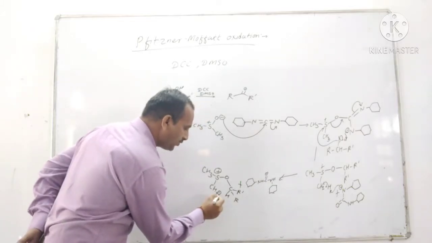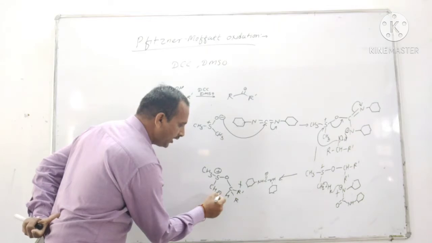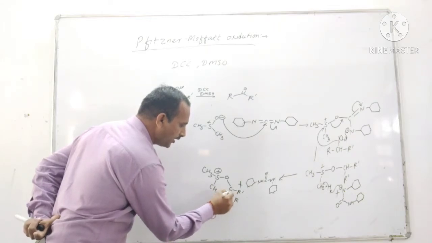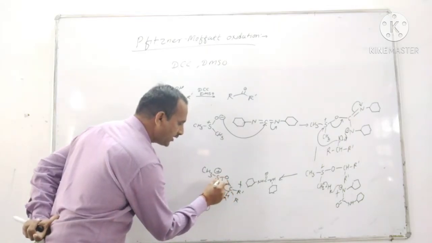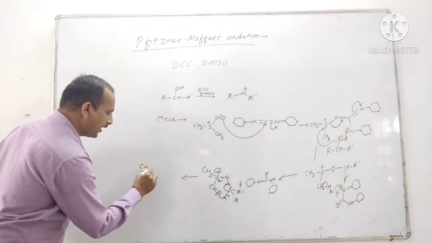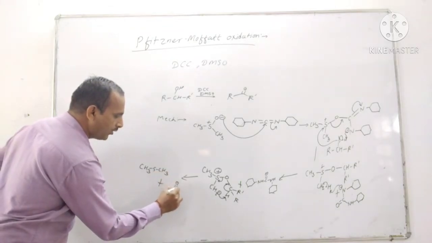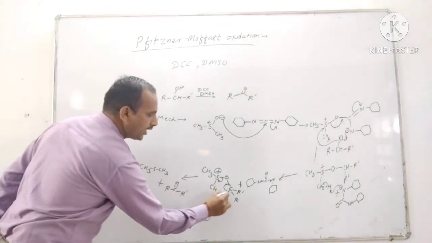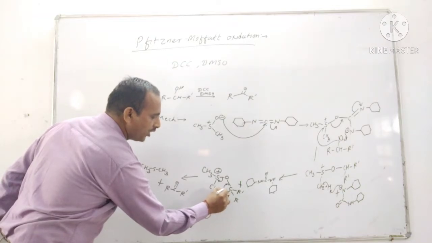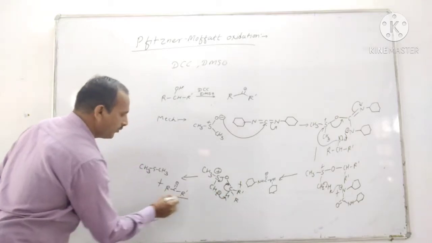Now this CH2 minus takes the proton sitting here, and the lone pair is written on the sulfur to form the CH3 S CH3 plus RC double bond O R dash. So this CH bond is sitting here to form the C double bond O, and there are R dash to form the ketone.